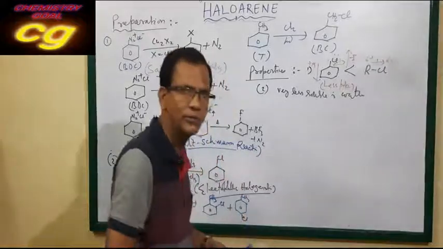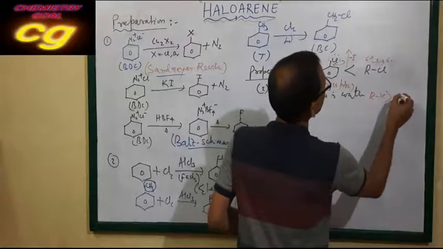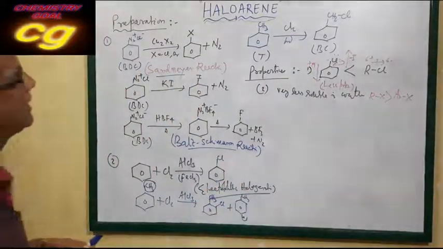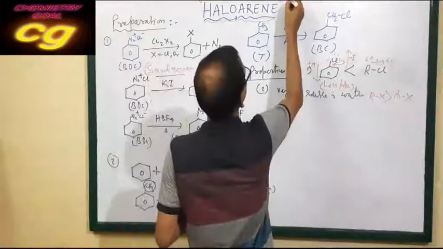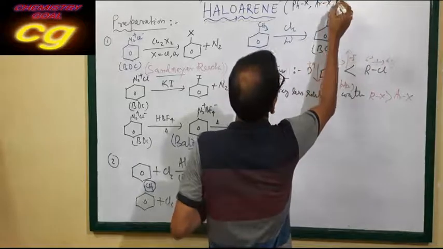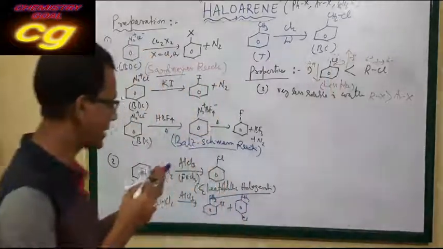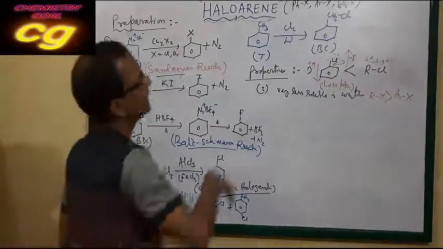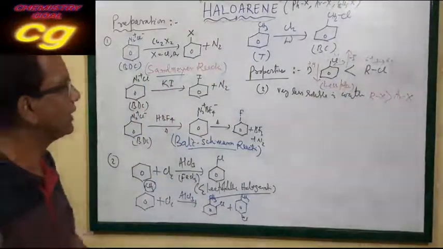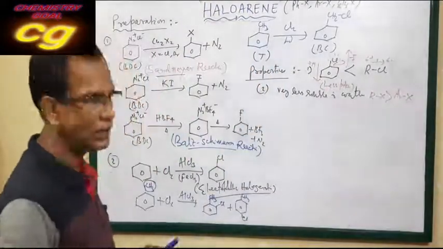In the solubility comparison, first will be RX, then ArX. We can write haloarene in short form as PhX, ArX or C6H5X. In three ways you can write haloarene; these are the general formulas of haloarene. So it is very less soluble in water, and the solubility of haloalkane in water is more than haloarene.